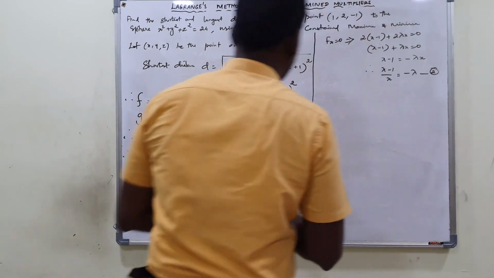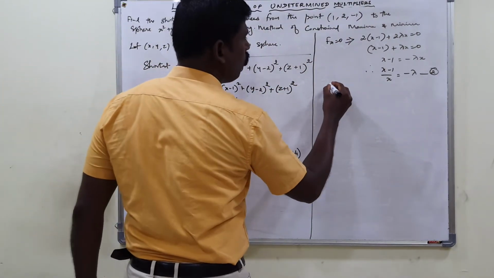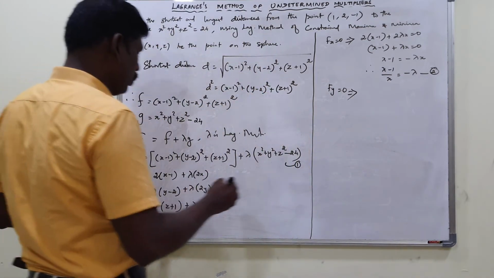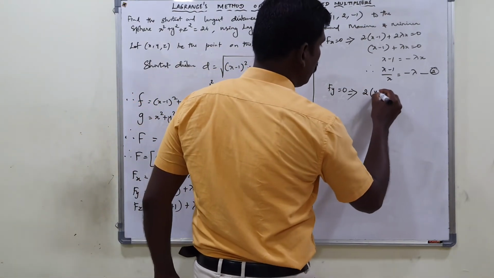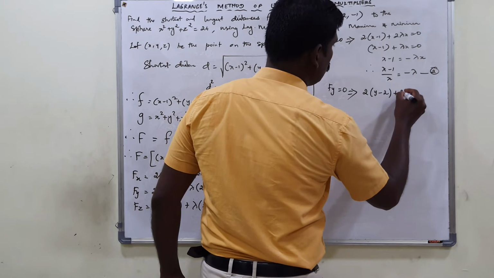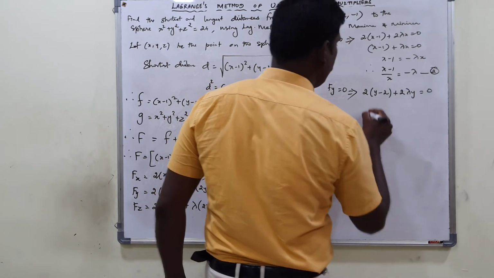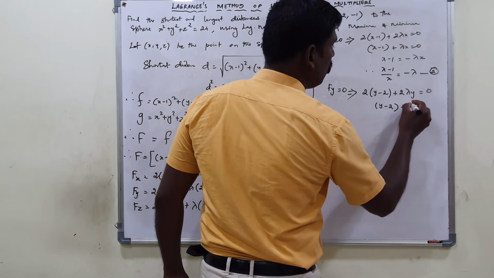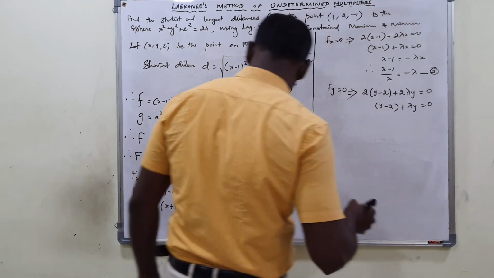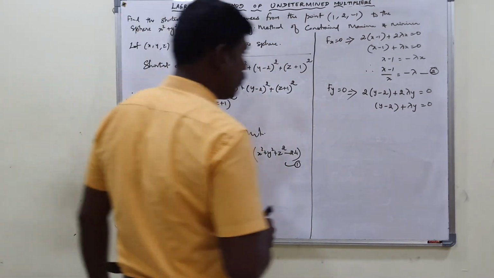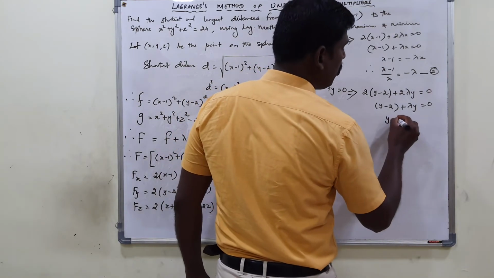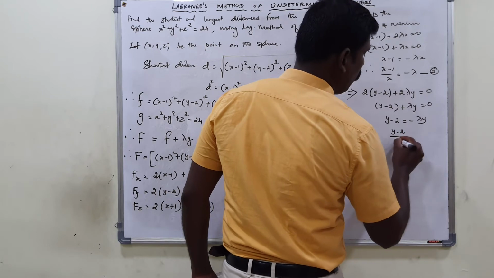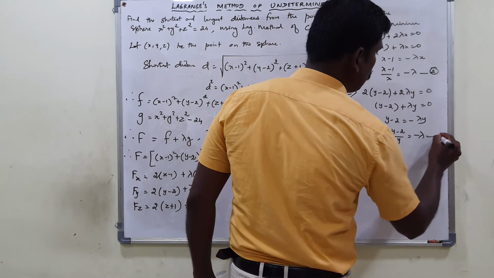Same like that, equating the other two. Fy equal to 0 implies 2 into y minus 2 plus 2 into lambda y equal to 0, divided by 2. Right? So y minus 2 plus lambda y equal to 0. So y minus 2 equal to what? Minus lambda y. So y minus 2 by y equal to minus lambda. Equation number 3.